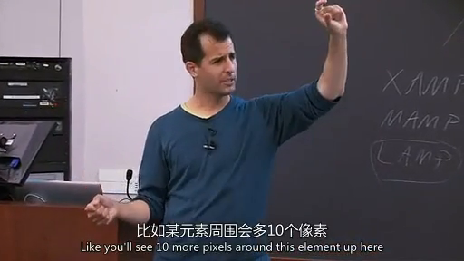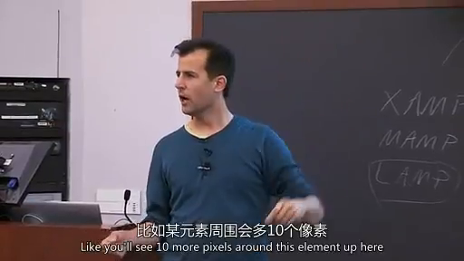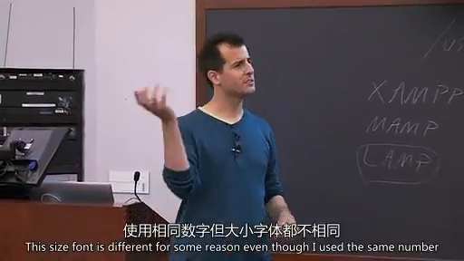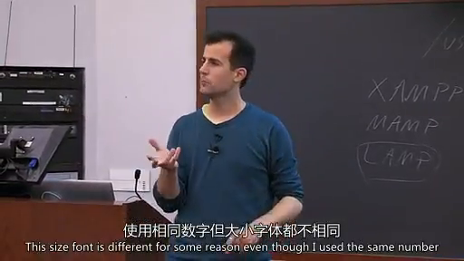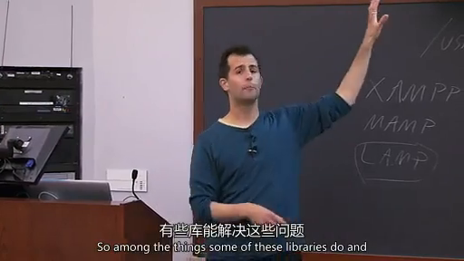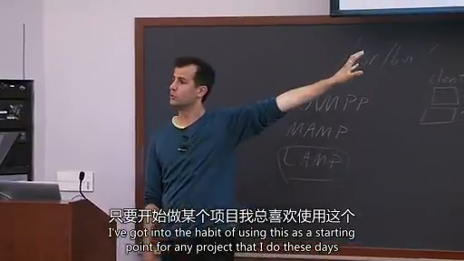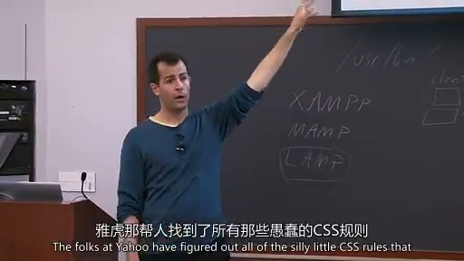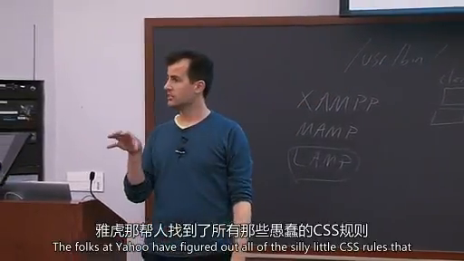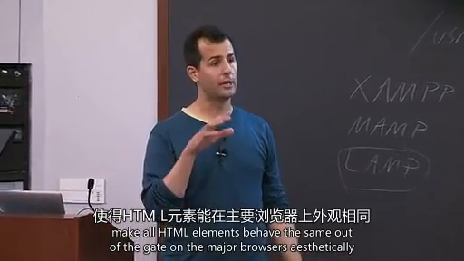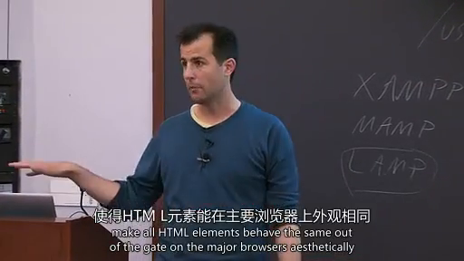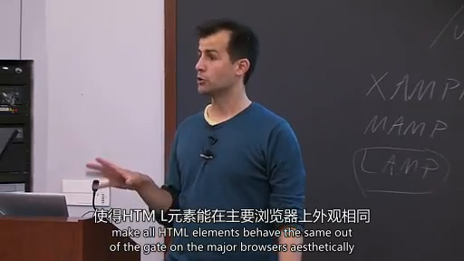Like you'll see 10 more pixels around this element up here. The size font is different for some reason, even though I use the same number. So among the things some of these libraries do, and I've gotten into the habit of using this as a starting point for any project I do these days, the folks at Yahoo have figured out all of the silly little CSS rules that make all HTML elements behave the same out of the gate on the major browsers, aesthetically.